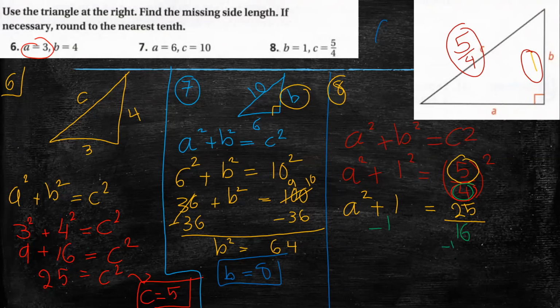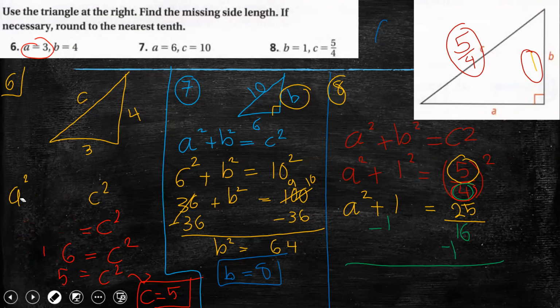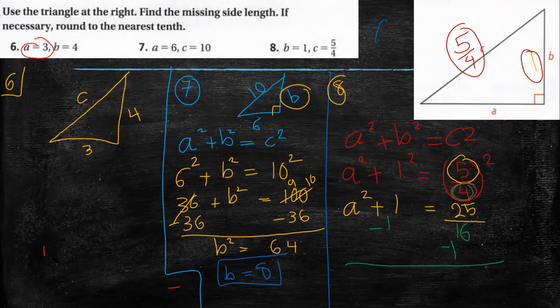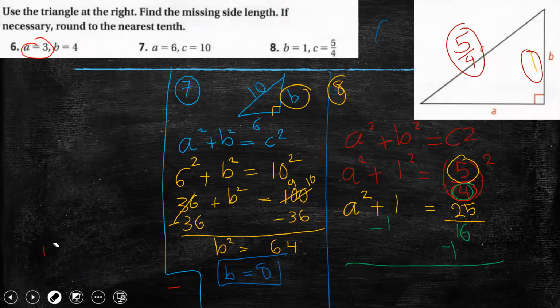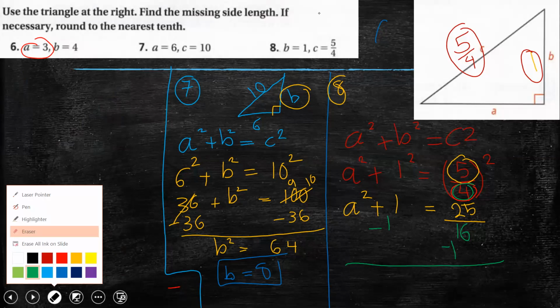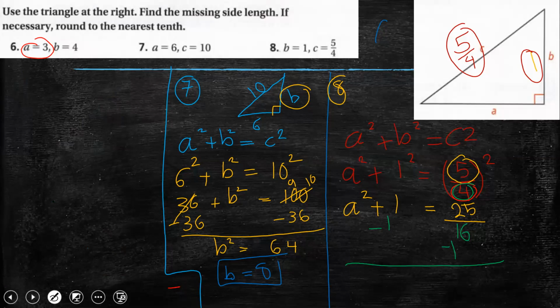Minus 1, minus 1. So here I have A squared equals 25 over 16 minus 1.